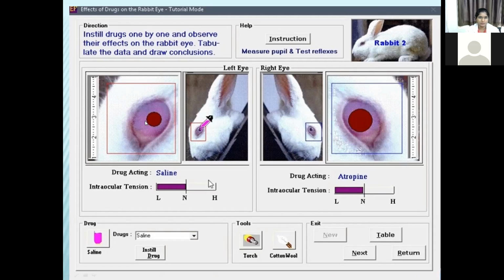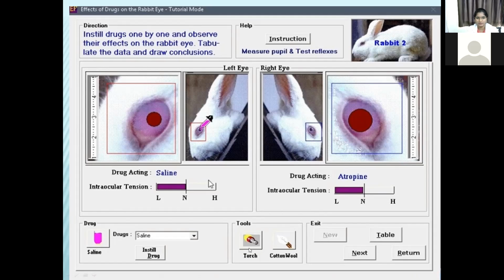This is the normal pupil size. For example, 6 mm. Here it increases to 8 mm like that. Afterwards we measure with the scale. Drag the scale to the dilated pupil. You will check this pupil size with the pupilometer.